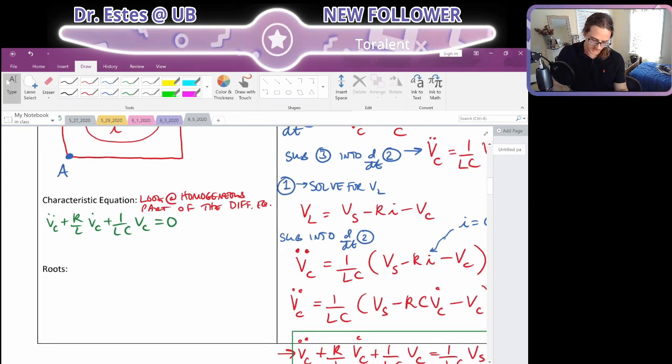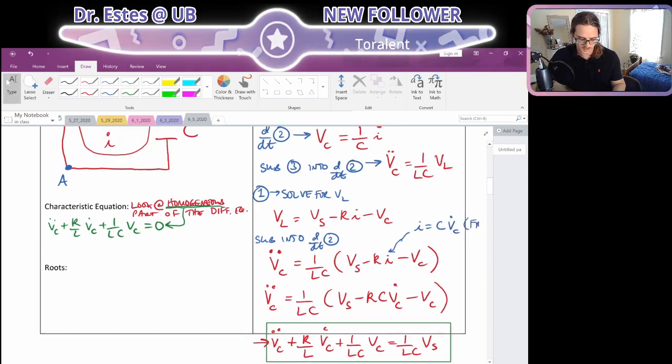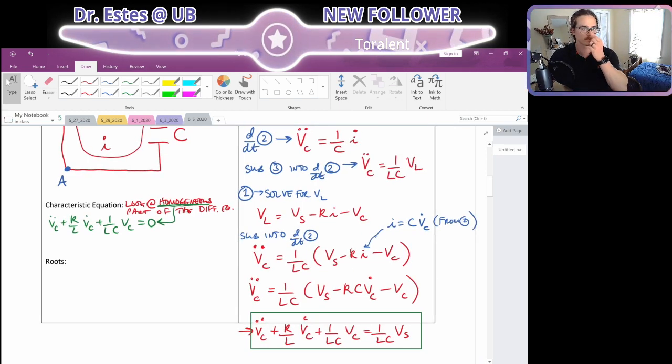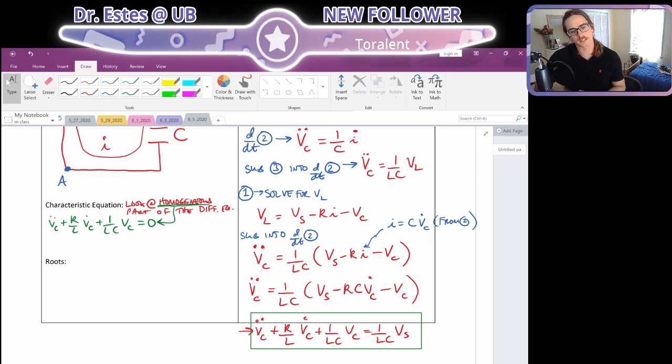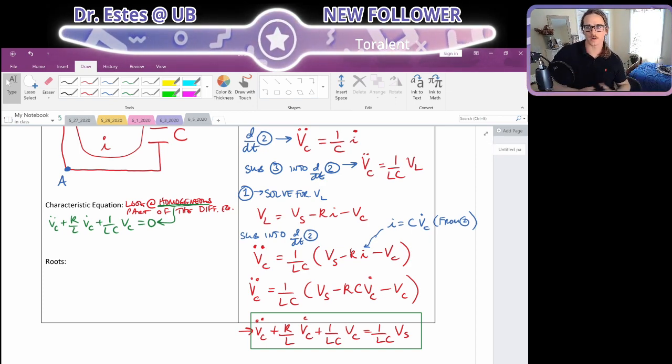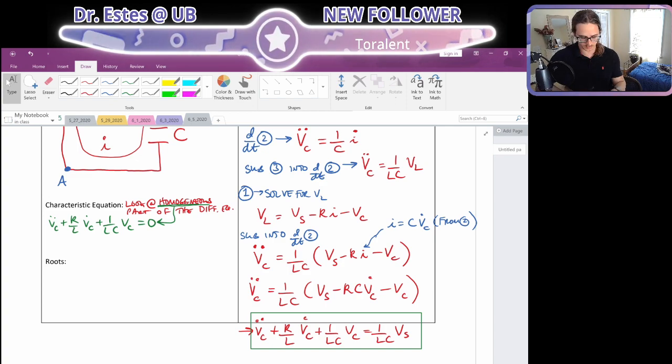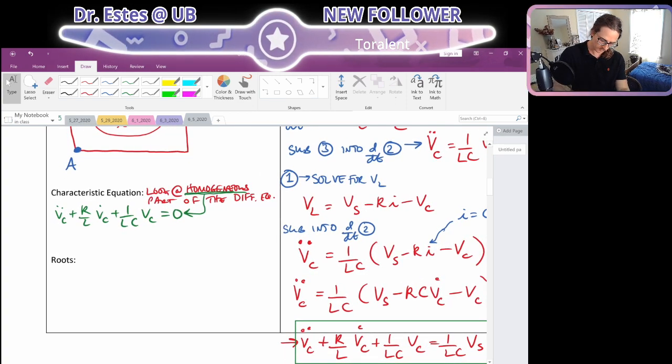So the homogeneous part just means you take any forcing function, so in this case, like the source voltage, you set it equal to 0. So it's basically you gather all the dependent variables onto the left-hand side. So VC, in this case, is the dependent variable and its derivatives. You set the forcing function equal to 0.